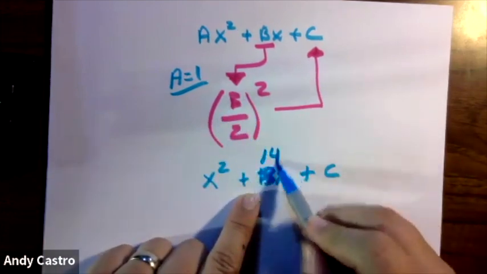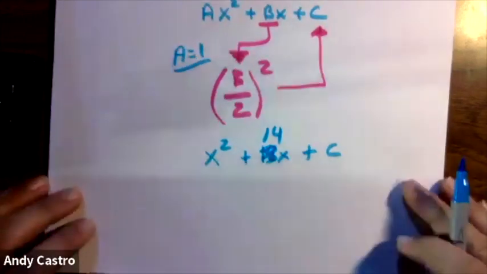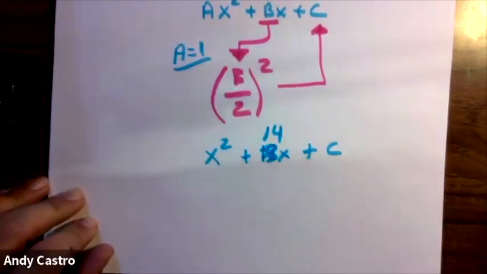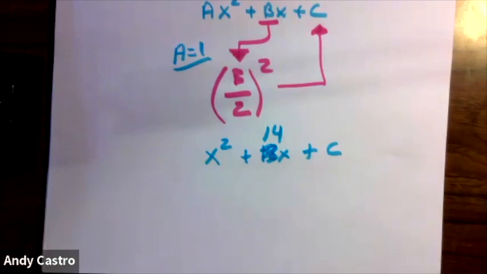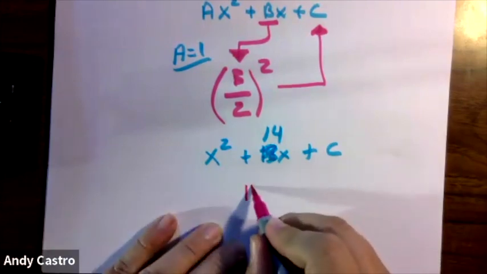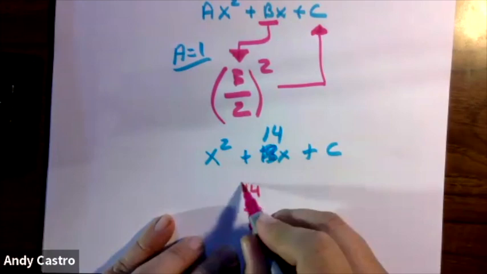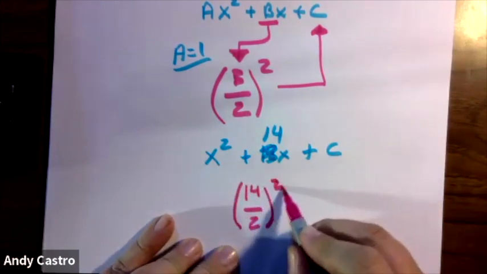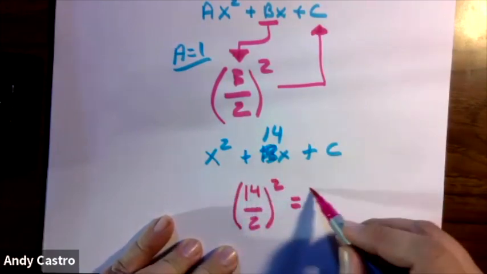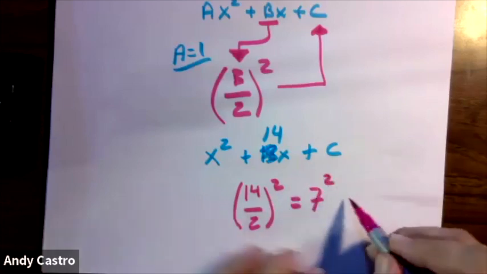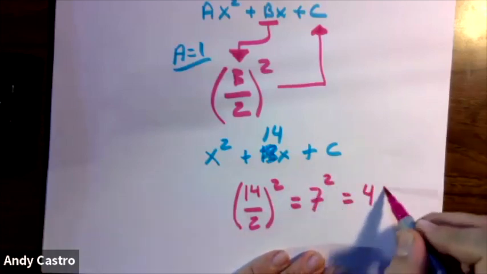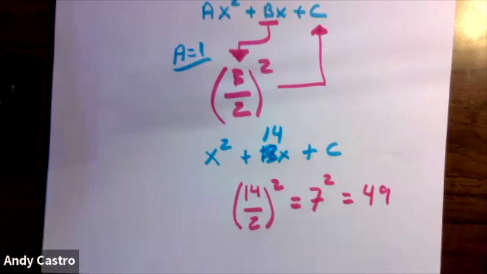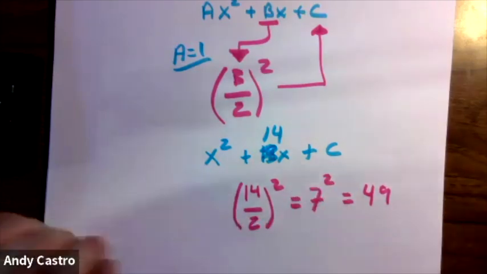So let's say 14. Okay, so I take my 14, I divide it by 2, and I square it. So 14 divided by 2 is 7. And I'm going to square it. 7 squared is 49. So my c then becomes 49.